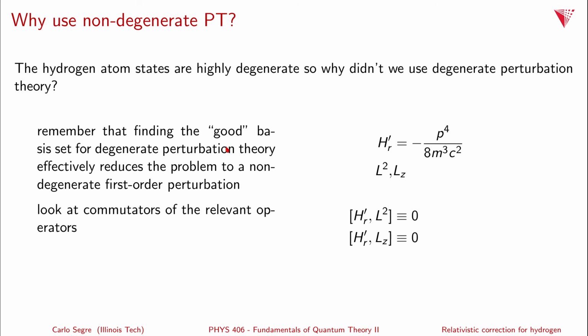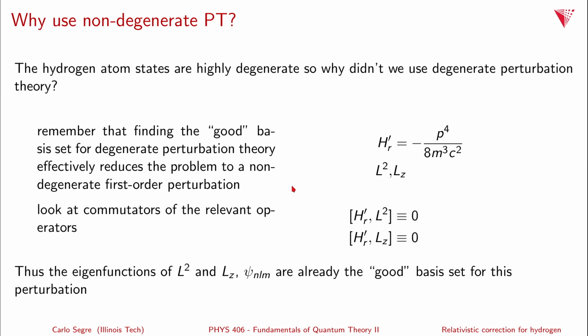The spherical harmonics are already good states for this p to the 4th power Hamiltonian. So the eigenfunctions, therefore, the psi n l m, are already a good basis set for this perturbation, and because they're a good basis set for the perturbation, it's already diagonalized, and we can use first order perturbation theory. That's not going to be necessarily the case for all perturbations in the hydrogen atom.